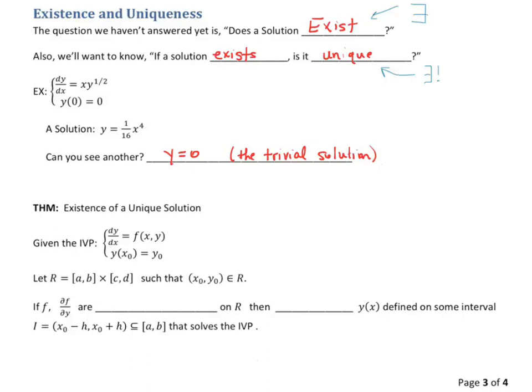Now, how do we know on all our previous examples that the solutions that we came up with were our only solutions? Well, there are ways for us to confirm that. In fact, I'm going to give you one theorem here, which is a rather weak theorem, meaning, well, I should say, the conditions here are actually relatively strict.